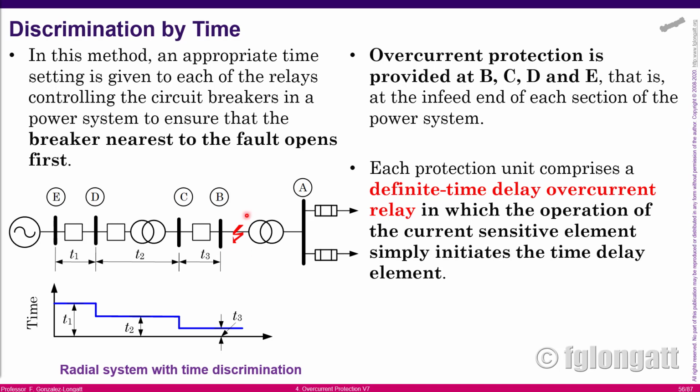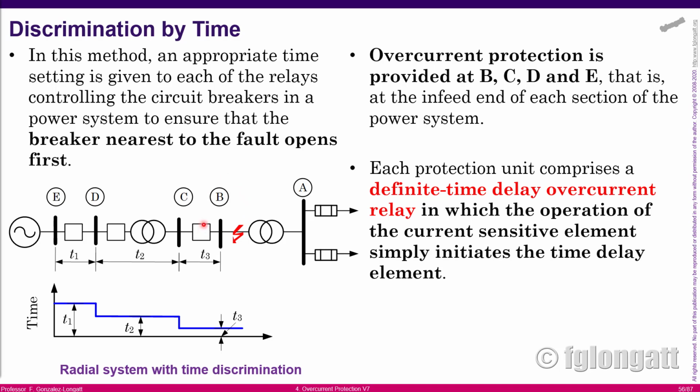That means if we have a short circuit near bus bar B, we have a circuit breaker between C and B, one circuit breaker nearby to D, and one circuit breaker between E and D, okay? The logic says if you have a fault near B, the circuit breaker that is immediately upstream of the fault must be the first one.